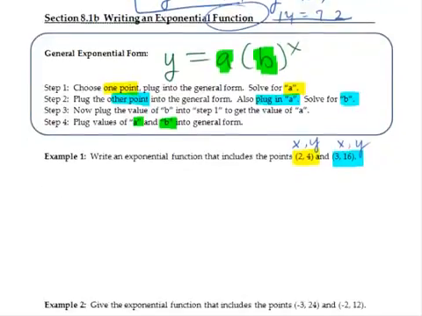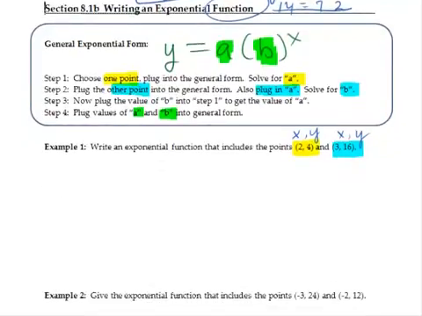Write an exponential function that includes the points (2, 4) and (3, 16). So step 1, y equals a times b to the x. We're going to insert 4 for y and 2 for x. So 4 equals a times the base squared.